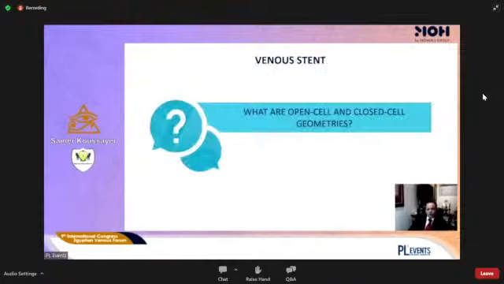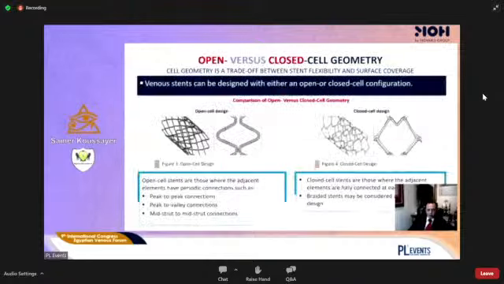So what are open cell and closed cell geometry? You hear about open and closed cell. Let's talk about the open cell design. Open cell designs are those where the adjacent elements have periodic connections, very small connections, and are more flexible.